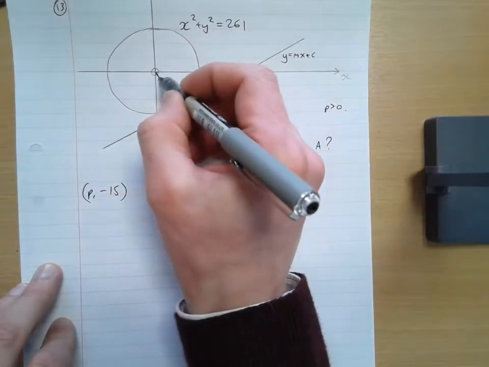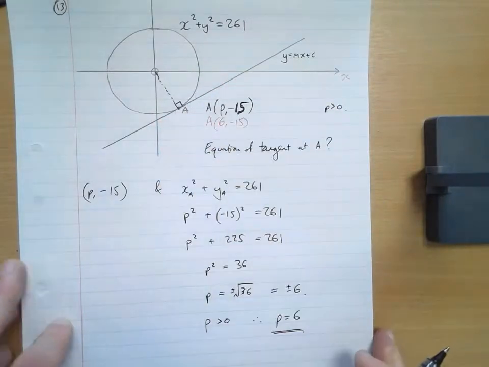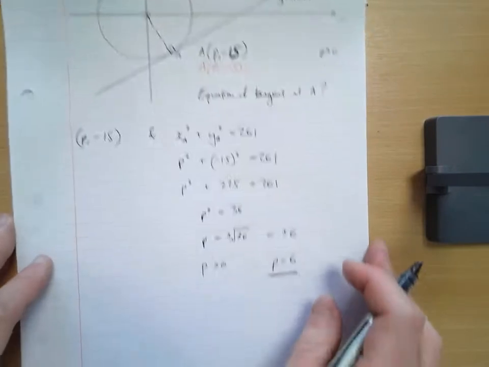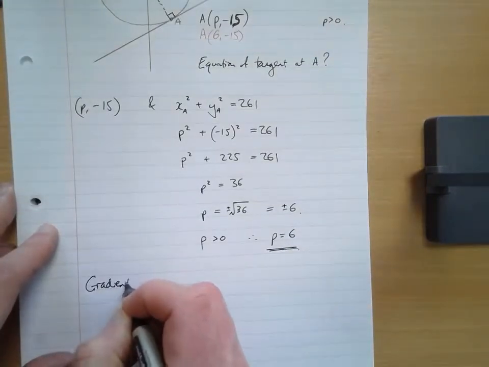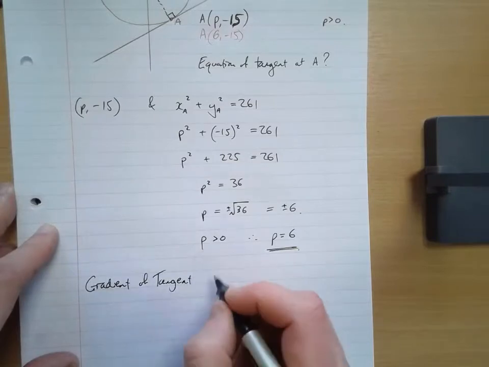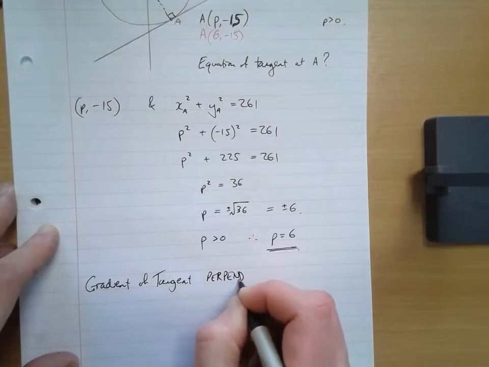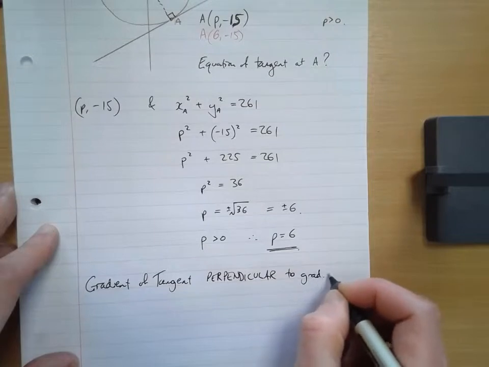So if I just put in that dotted line, there we go. I'll just write that down, that's the key thing. So gradient of tangent is perpendicular to the gradient of the radius.